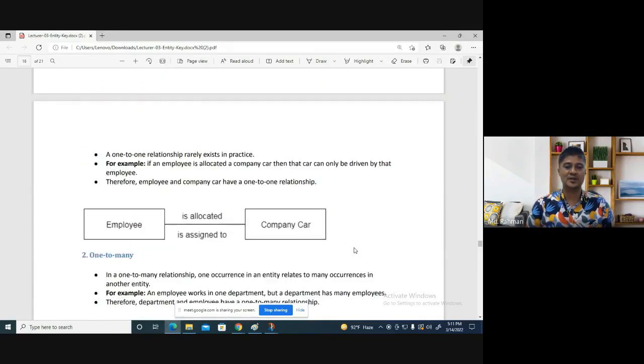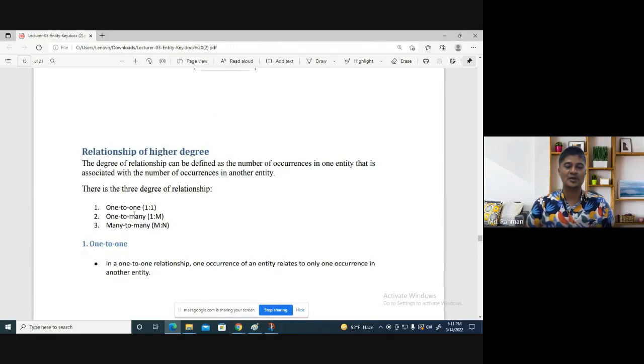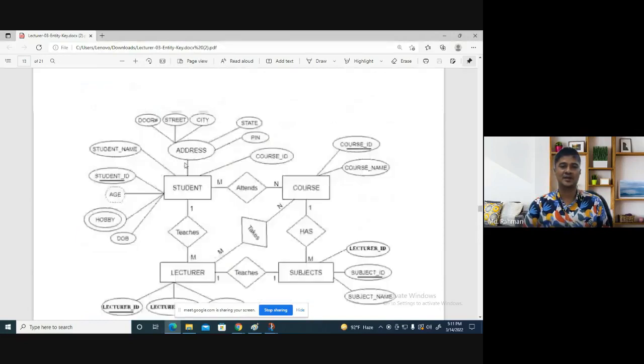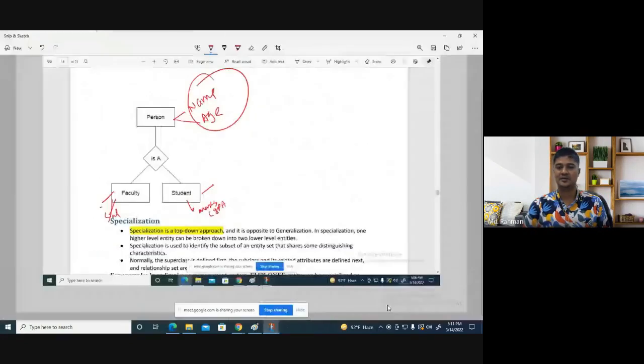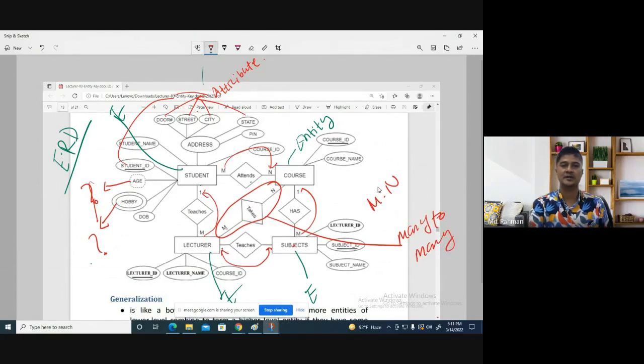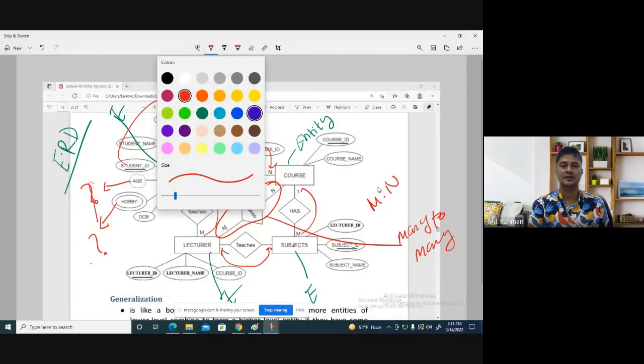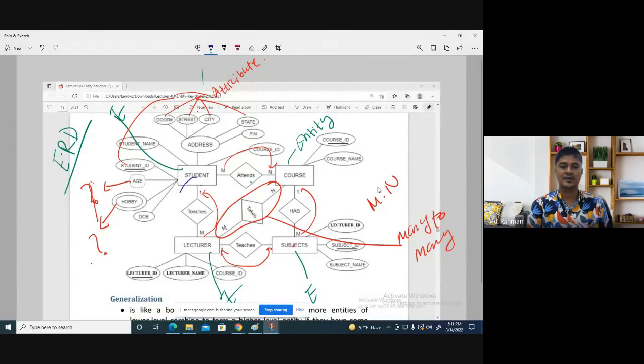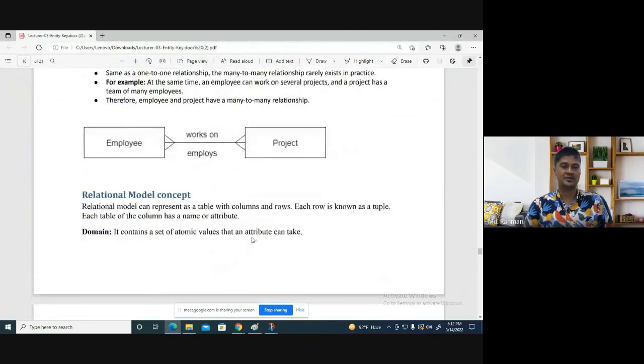If the relationship is one-to-one, you write 1 and 1. One-to-many, 1 and N. We showed this here, look. For many-to-many, it is M and N: if there is an M on this side and an N on the other, what do we call this relationship? We call it many-to-many. Here we see a relation, this relation. So these are very clear to you, you have understood them very well.